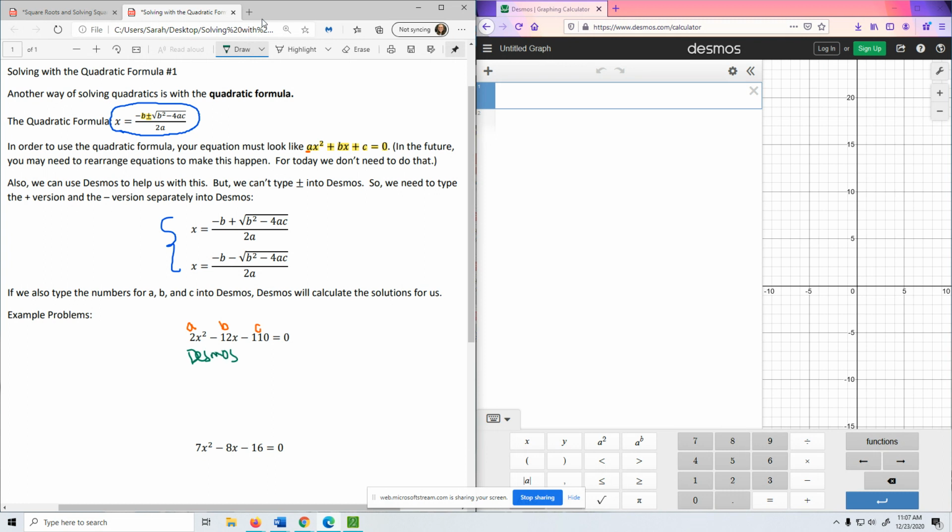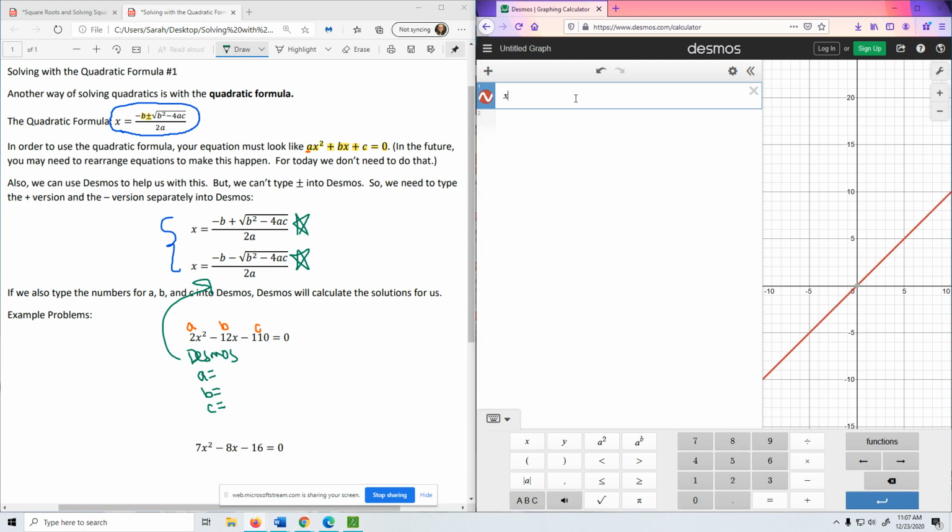In Desmos, we are going to type in both versions of the quadratic formula, and we are going to type in our numbers for a, b, and c. Let me show you how to do that. You are literally going to type in the formula with all the x's and a's and b's and c's. X equals, starting with the plus sign version. We have a fraction here. To get a fraction, hit the division key and then type in exactly what you see.